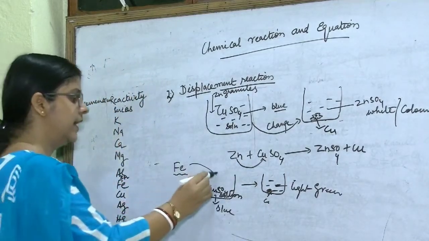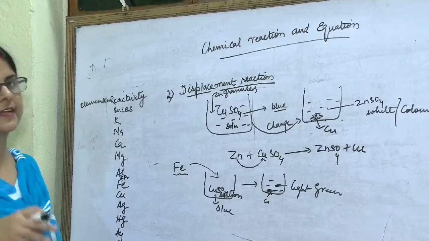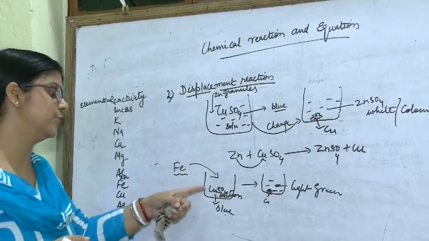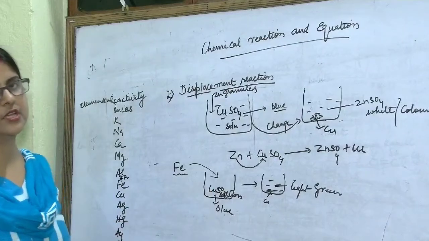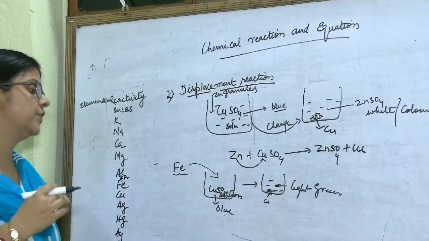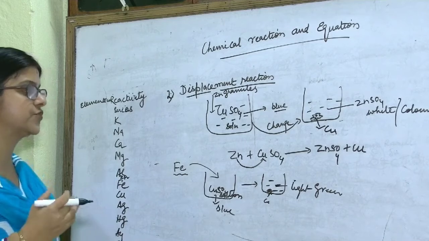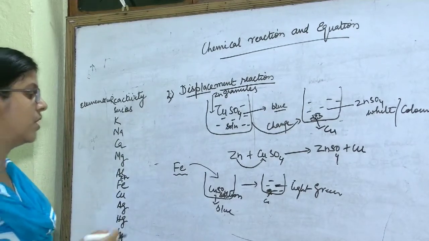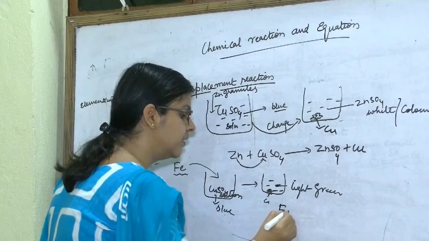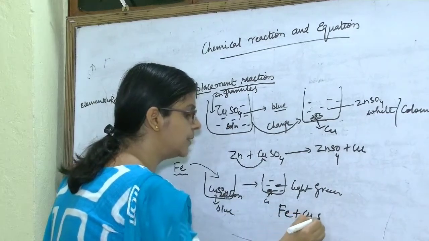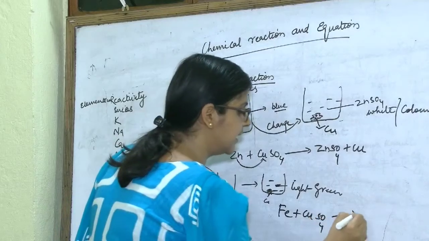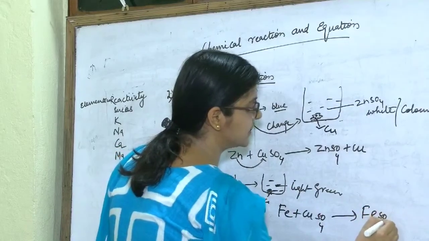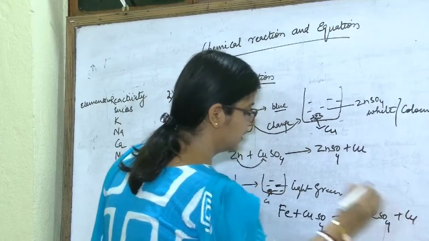Again I am explaining, if you add some iron particles or some iron powder to copper sulfate solution, then the blue color of the copper sulfate solution changes to green. Why does it change? Because this iron, when added to copper sulfate, displaces copper from copper sulfate and forms ferrous sulfate plus copper.